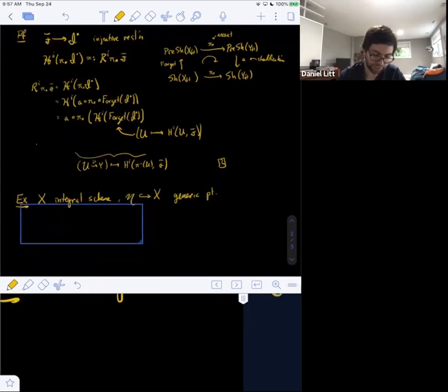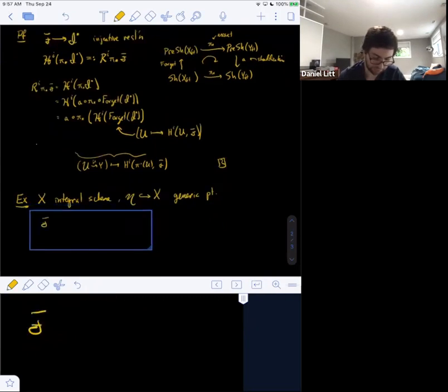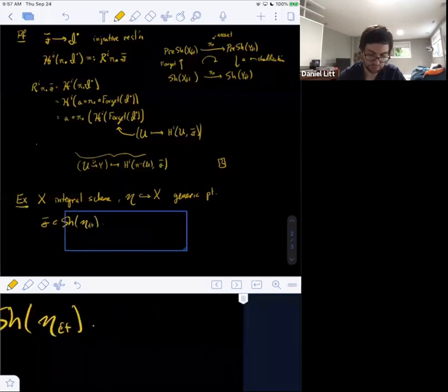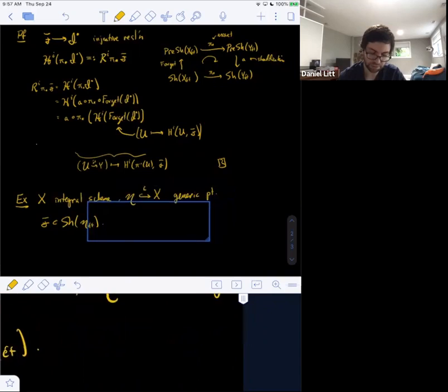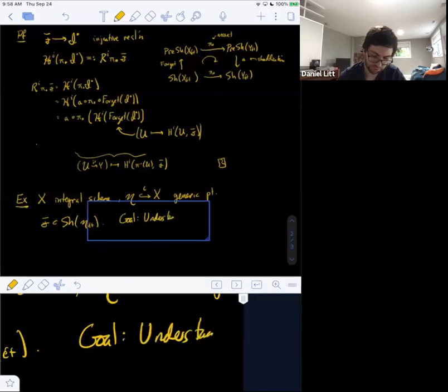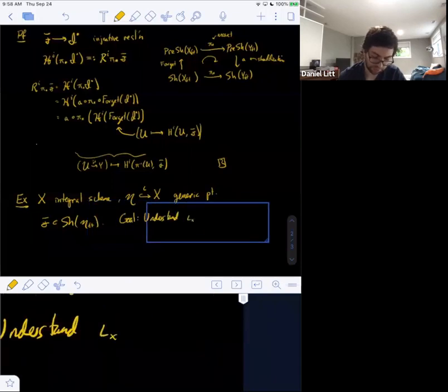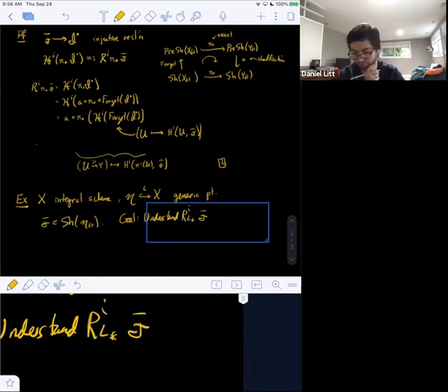What I want to understand is, let's suppose we have some sheaf F, which lives in sheaves in eta Etale. Maybe let me call this inclusion iota. So the goal is to understand iota lower star of F, or Ri iota lower star of F.